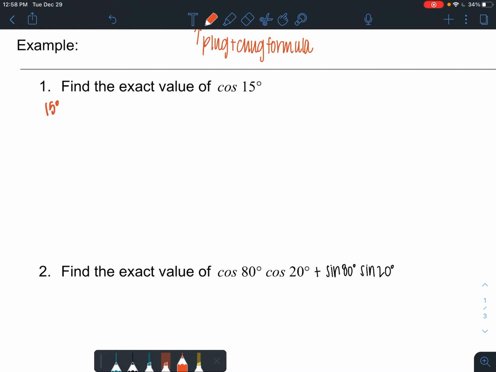Now, 15 degrees is not on the unit circle. But 15 is equal to 60 minus 45, and both of those are on our unit circle. So we can write this out as cosine of 60 degrees minus 45 degrees.